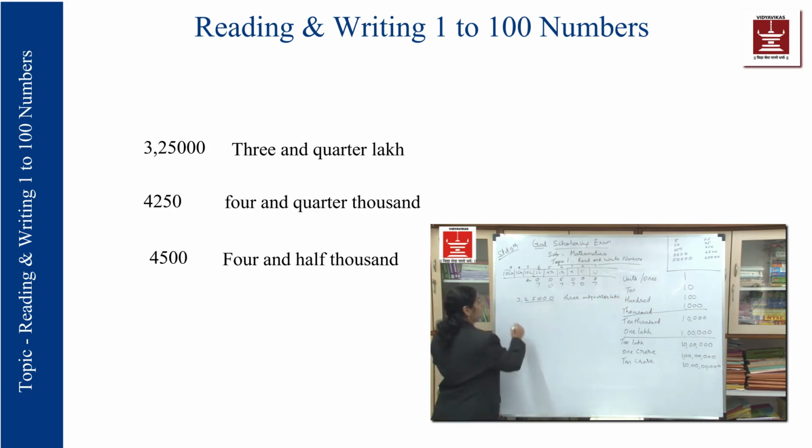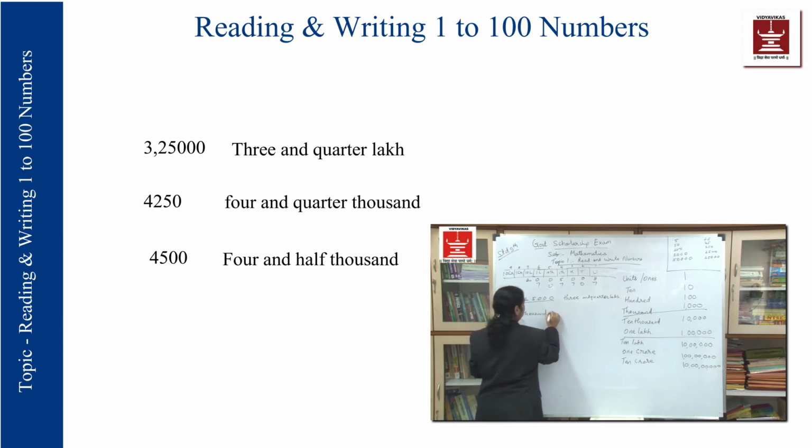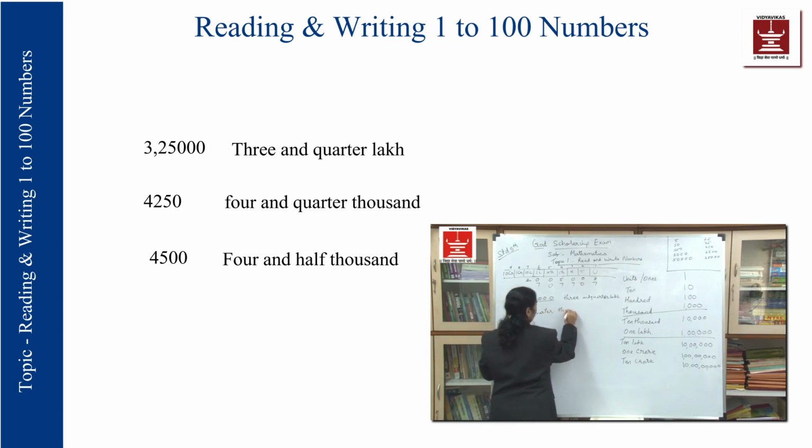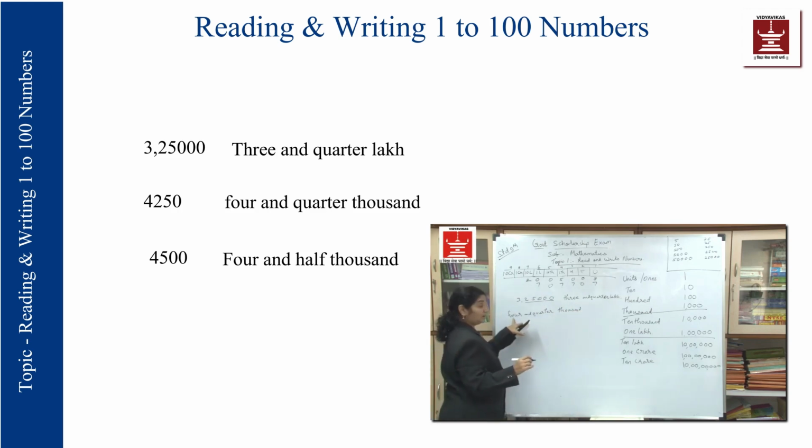So if I say 4,000, if I write it this way, I'll give you in words so that you can write it in figures. So it's 4,000 and quarter, or 4 and quarter thousand. The correct way would be 4 and quarter thousand. Now 4 and quarter thousand means 4 is also 1,000 only.